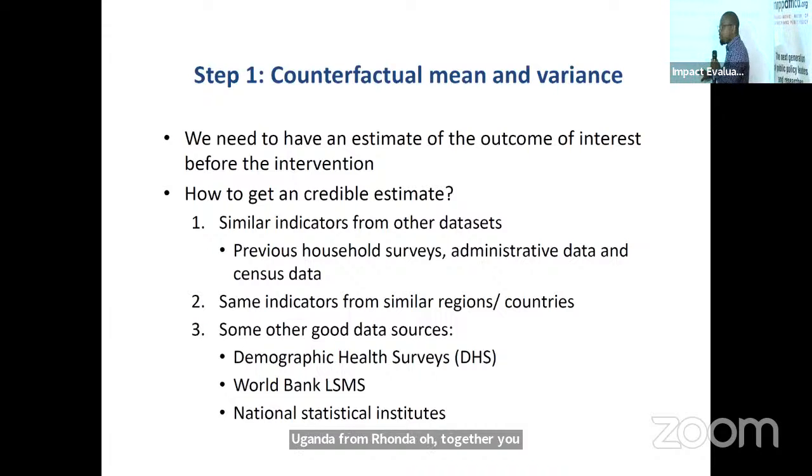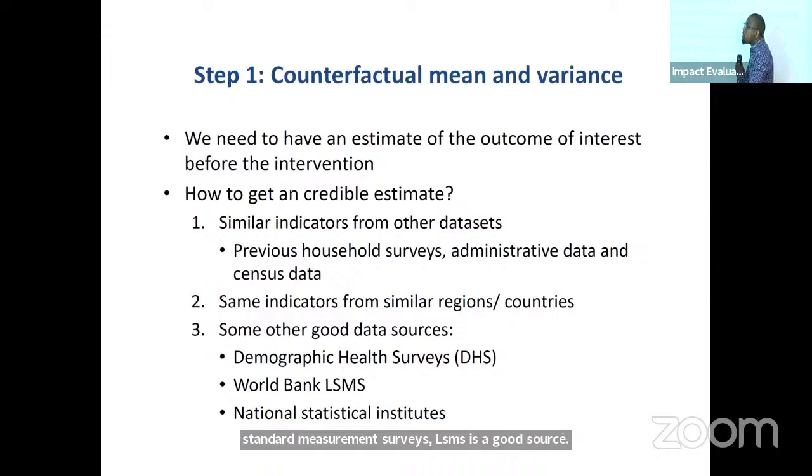Demographic health surveys, I've talked about them. World Bank LSMS, Living Standards Measurement Surveys, LSMS is a good source. National Statistical Institutes. Here you're talking of household surveys, and other surveys that are being done. Educational surveys, they're also there, right? Ministry of Education conducts surveys, right? They have them. Are we together?